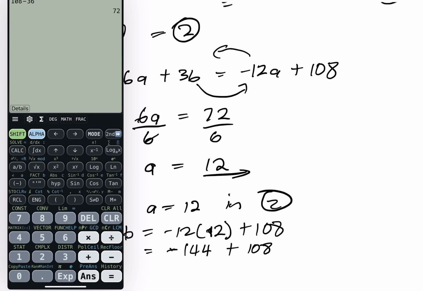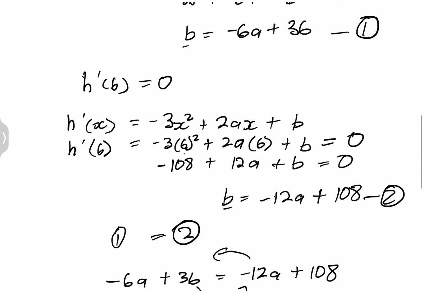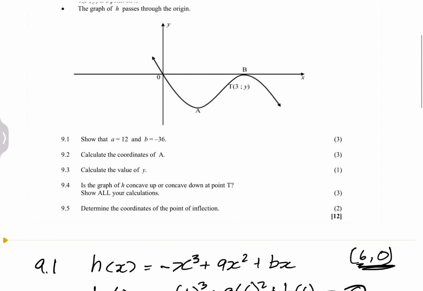So let's get the difference there. So that's 144 minus 108, and of course just remembering to make it negative because the bigger number is negative there. So you can see how b will be equal to negative 36. Okay, right, so we have proven what they asked us to prove, that a is indeed equal to 12 and b is equal to negative 36, right?